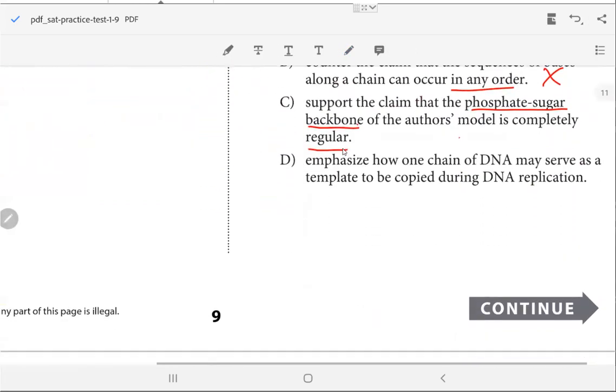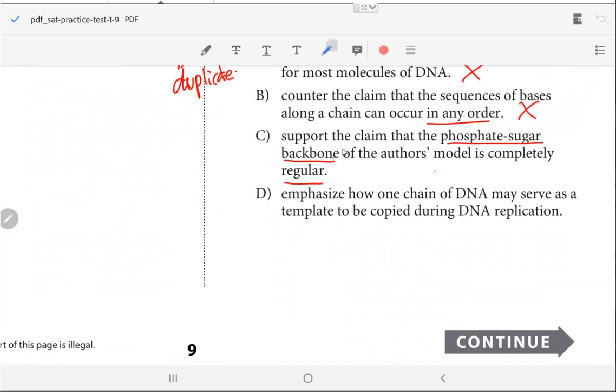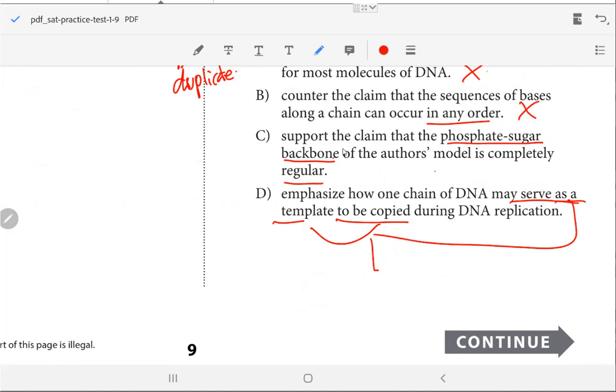Hopefully D is the answer. Emphasize how one chain of DNA may serve as a template to be copied. Served as a template to be copied. 이거 뭐로 paraphrase 할 수 있어요? Duplicate. 기가 막힙니다. 기가 막히죠? 그죠? 이제 이런 식으로 문제를 내는 거예요.